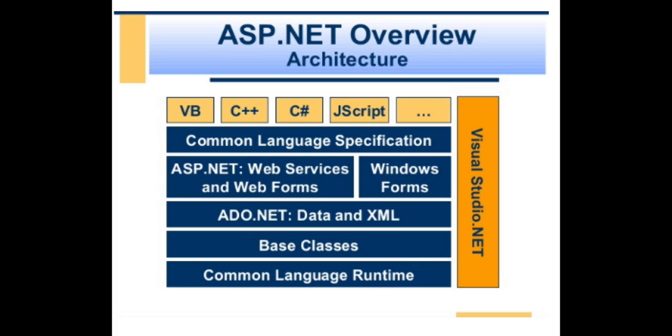XML is extensible markup language. It is similar in form to HTML, but it has more advantages than HTML. Next we have the base classes, then the common language runtime, that is CLR. We can look at each point in detail.